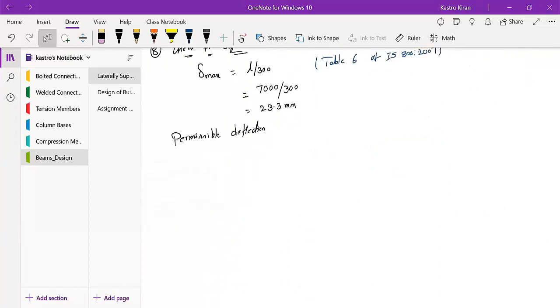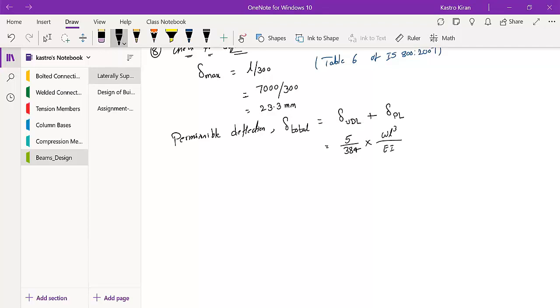So the permissible deflection will be delta total, which is the total deflection. How does the total deflection come? It is the deflection due to UDL load plus the deflection due to the point load. PL represents point load. So the deflection due to UDL load is 5 by 384 into WL cube by EI.